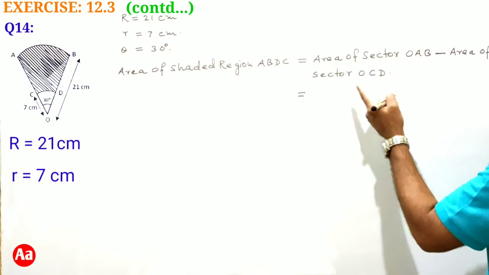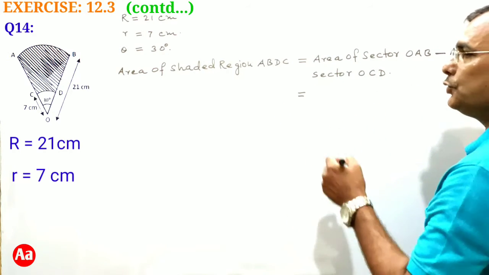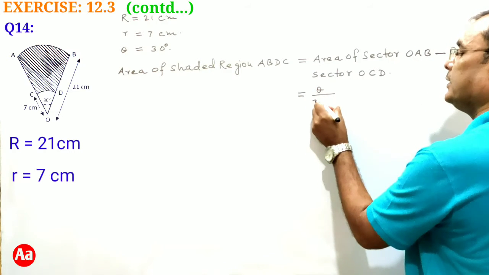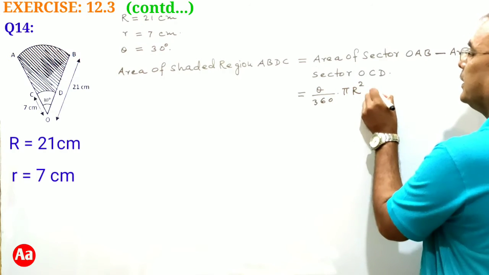Let's write the formula for area of sector. Theta by 360 into pi r square.